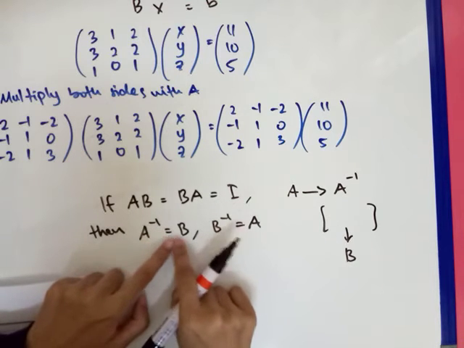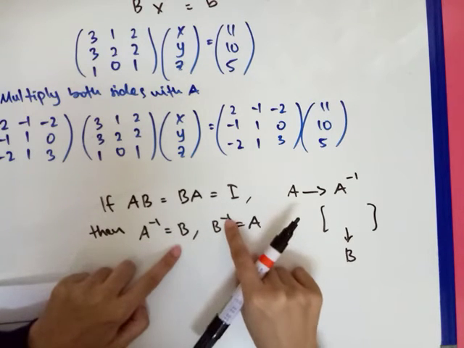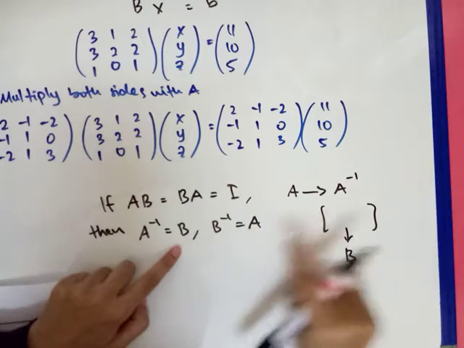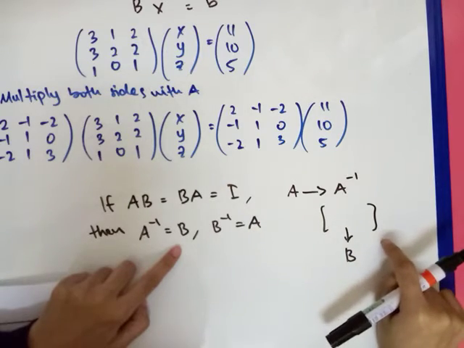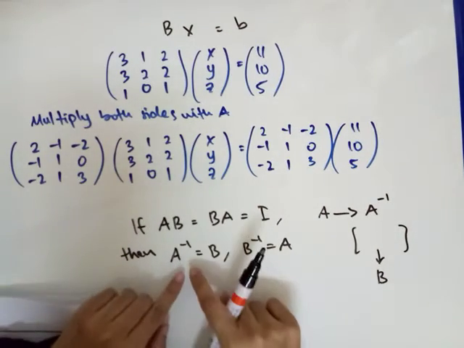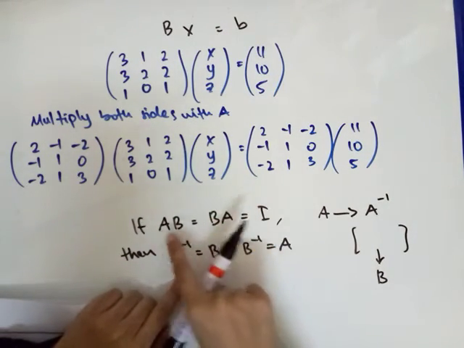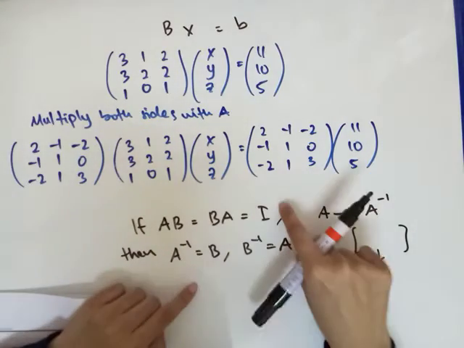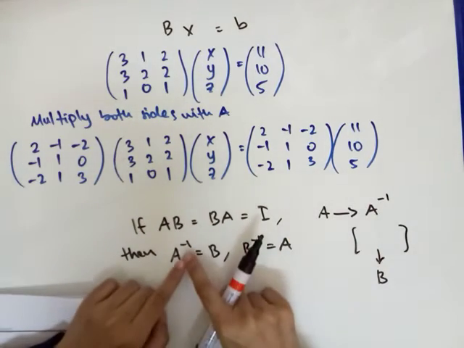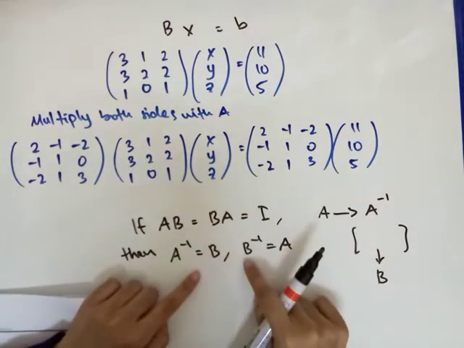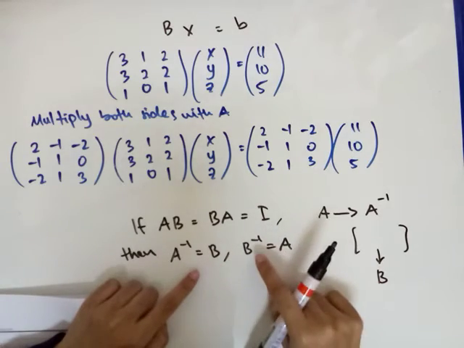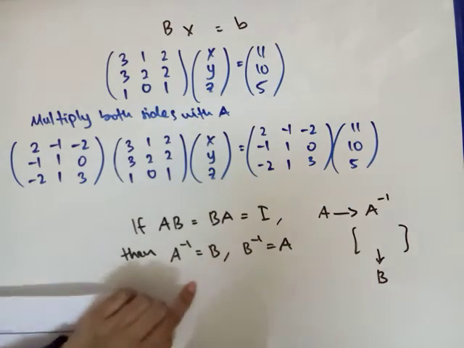A inverse equals to B, or B inverse equals to A. Same concept here. So when we multiply the matrix AB, we get identity, then inverse of A equals to B, or B inverse equals to A.